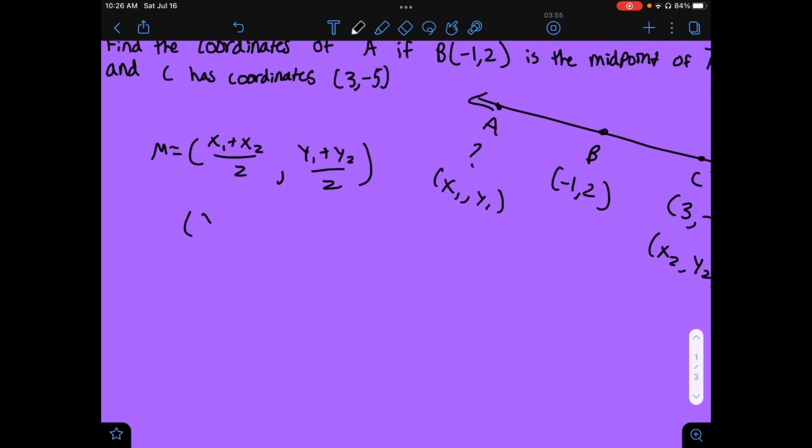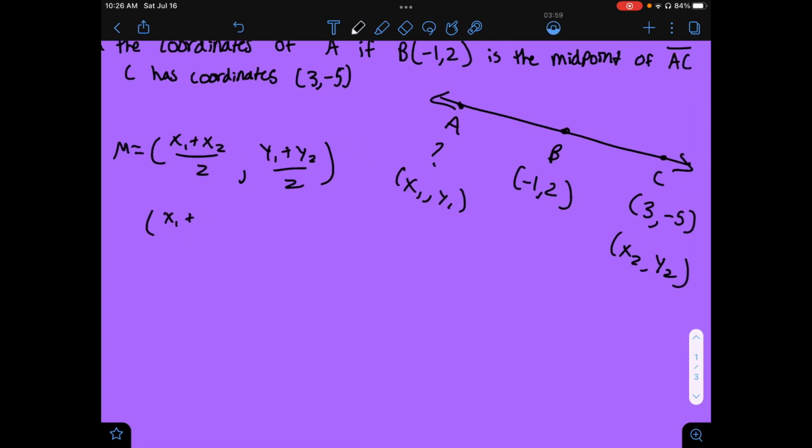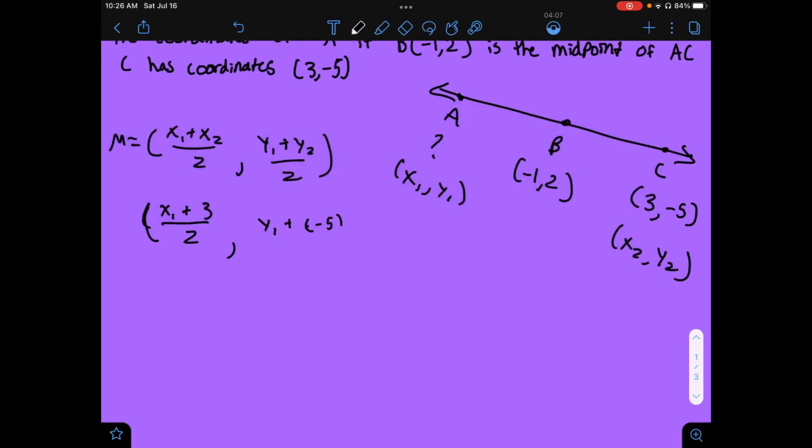For x1, we're just going to keep it there because we don't know that one. That's what we're trying to find. And x2 is 3, so plus 3 over 2. And then our y1 we don't know, and then plus a negative 5 over 2. And we know what our midpoint is. So this is our midpoint x value right here, and our midpoint y value right here. So you're going to set it equal to that.